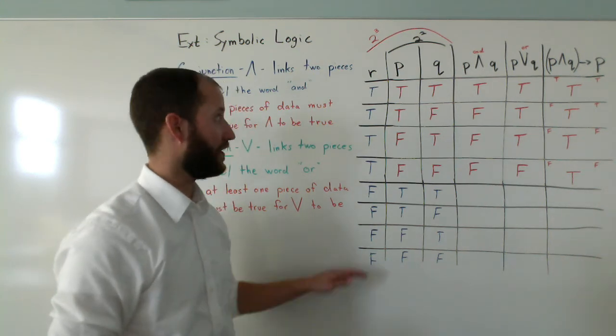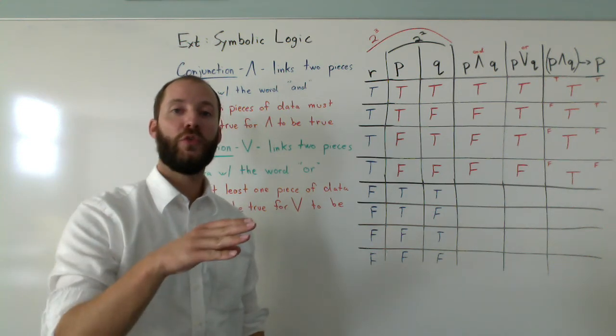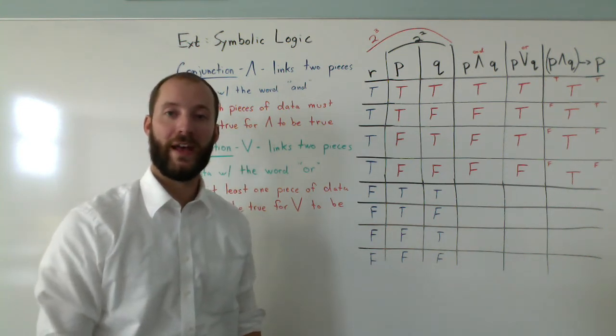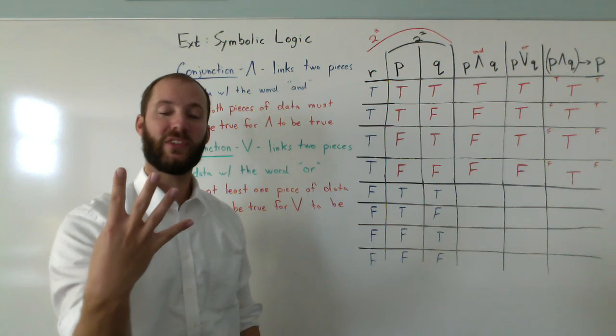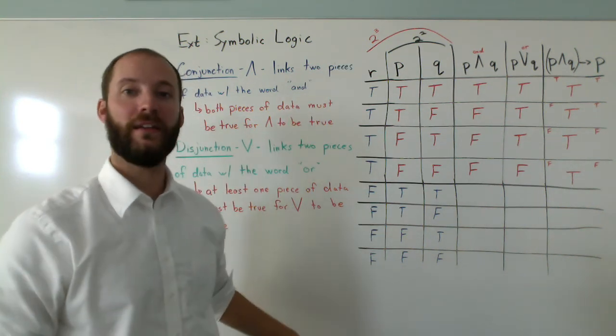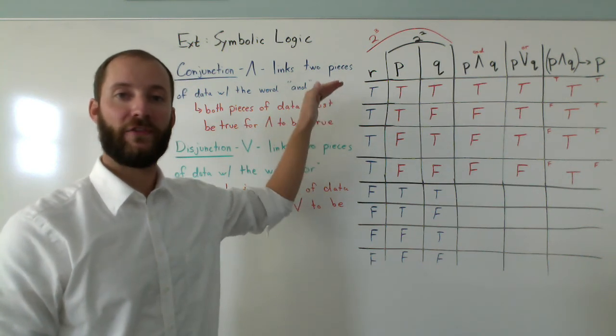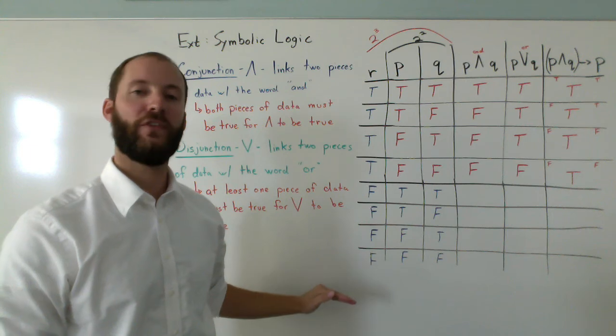How many data pieces do you have? How many different letters? And then 2 to the power of how many letters you have. So if you have 4 letters, 2 to the 4th power, 16, you'll have 16 rows. The first data piece, half true, half false. So 8 true, 8 false.